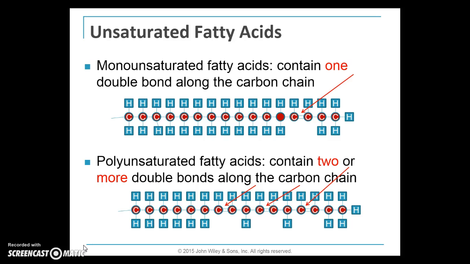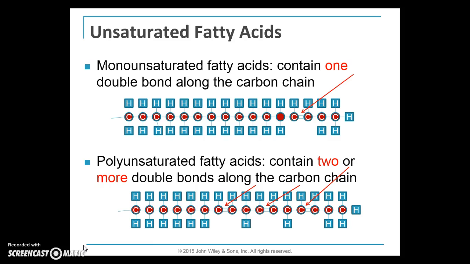So let's look at it again. There are different types of unsaturated fatty acids. The first type is monounsaturated fatty acids, meaning they contain one double bond along the carbon chain.